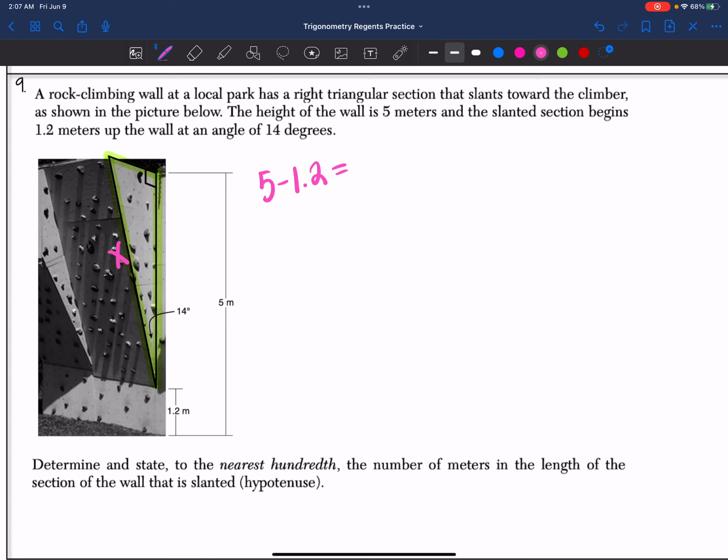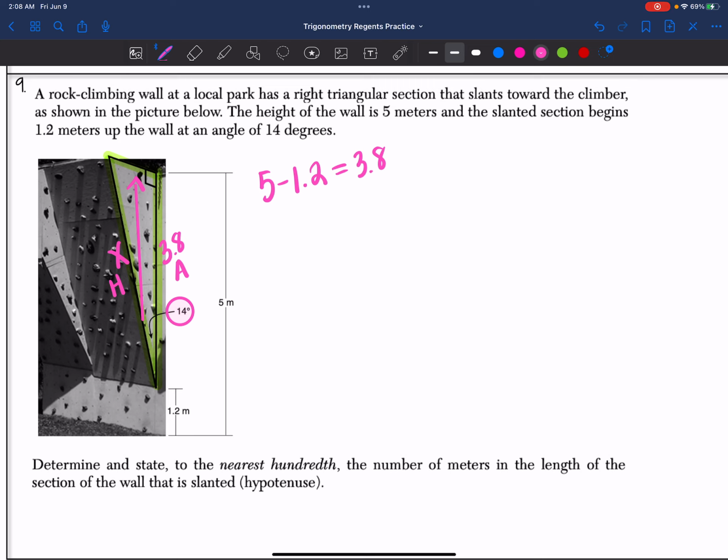So I think that's about 3.8. I hope so because I'm not using a calculator. So this is 3.8. And I know that the degree measurement is 14 degrees. So I'm going to label. This is going to be my hypotenuse because it's opposite my right angle. Opposite would be this, but I don't care about that because there's nothing there. So this is going to be my adjacent.